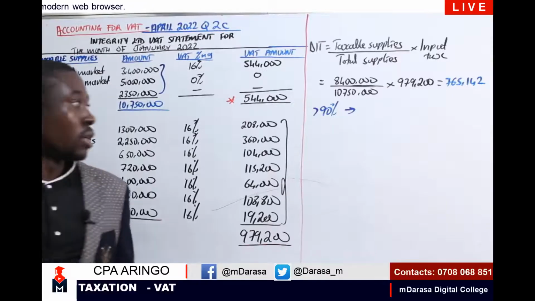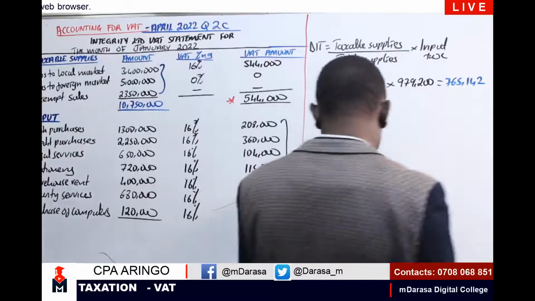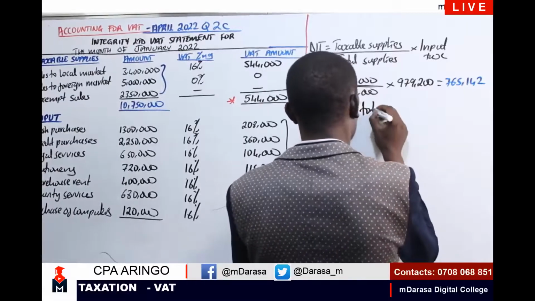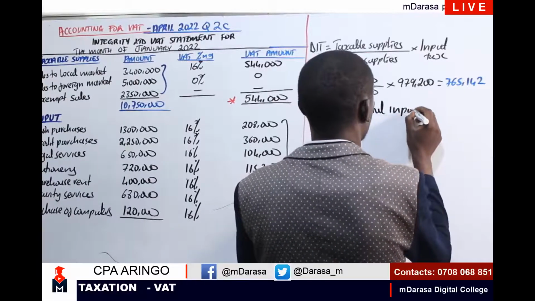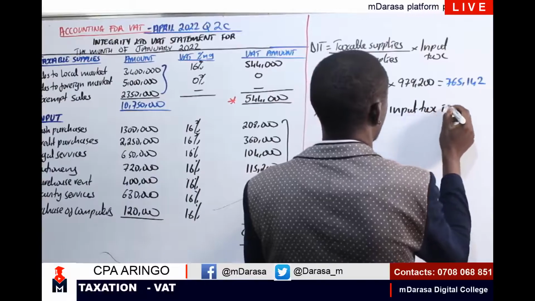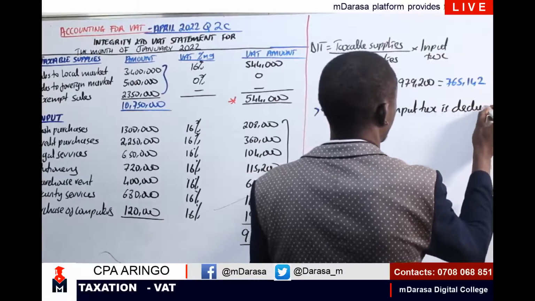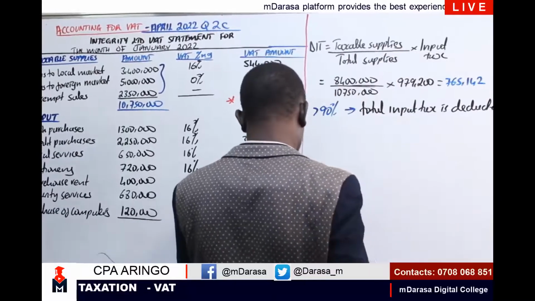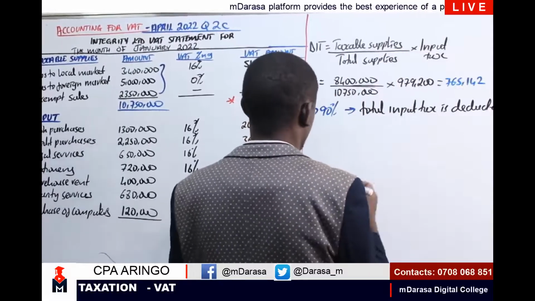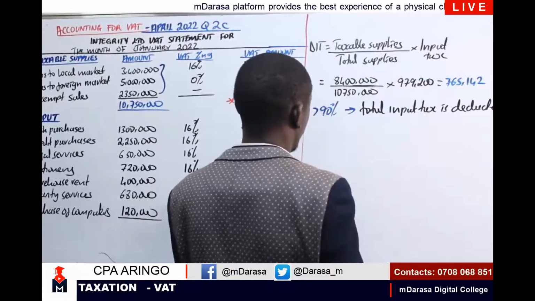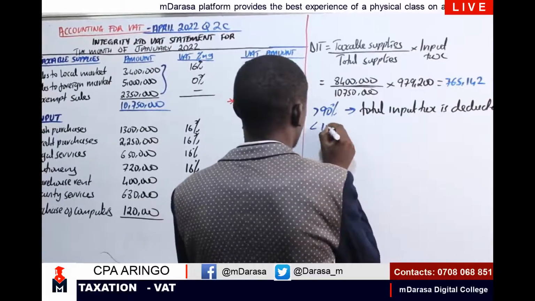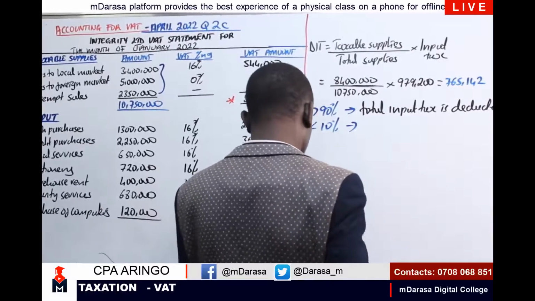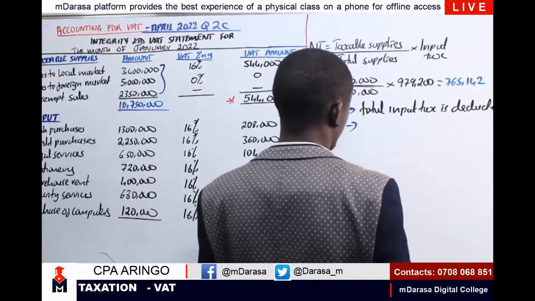If you can recall, we say that if more than 90%, total input tax is deducted. If 10% and less, you say that no input tax is deductible.